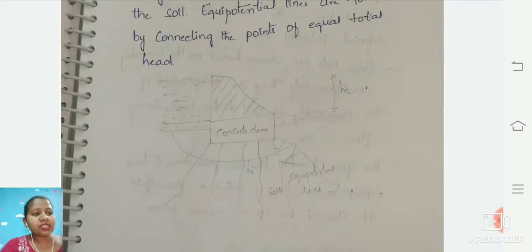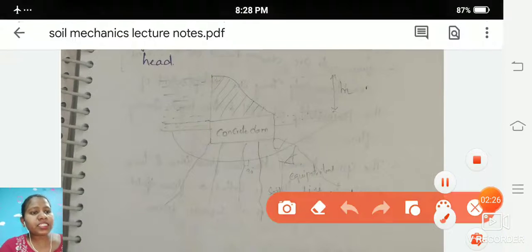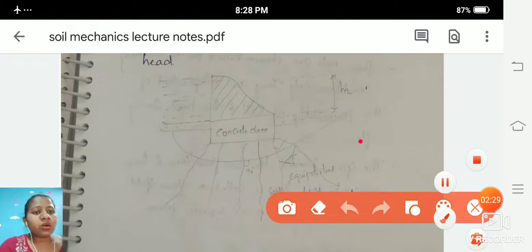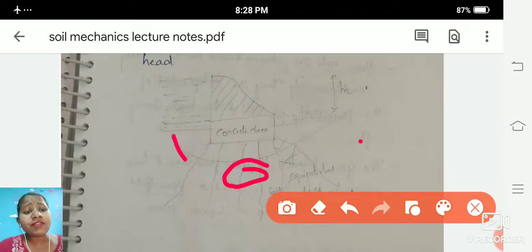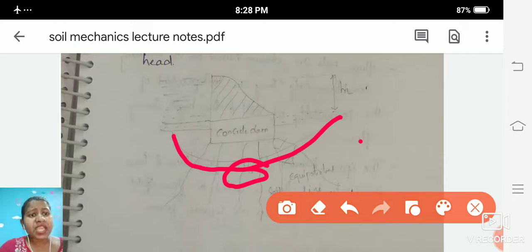You can see a 90 degree angle which is formed. Whenever the flow of water takes place, the 90 degree angle is formed to the dam.